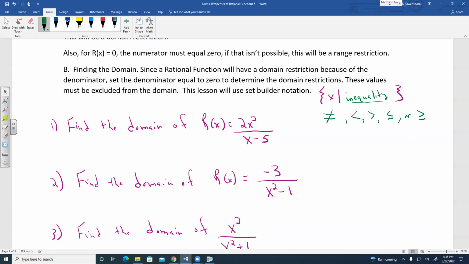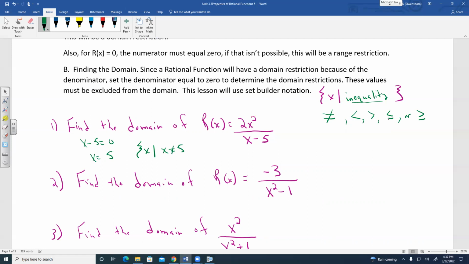So if I want to find the domain of this rational function, notice how we have a polynomial over a polynomial. To find the domain, since it's got a restriction, we set x minus 5 equal to 0, and we solve for x, and we get x equals 5. So we're not allowed to choose 5 as a domain value. The way we write the domain is we use the set of x's such that, that's our set builder notation, and we write x cannot equal 5.